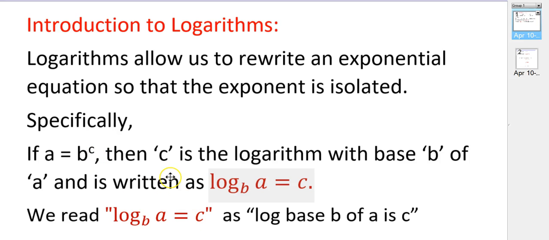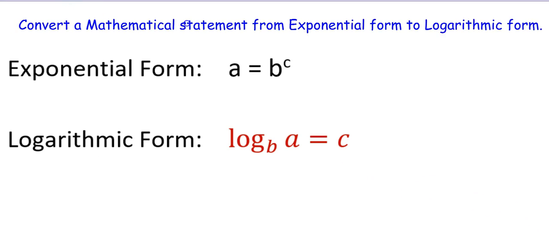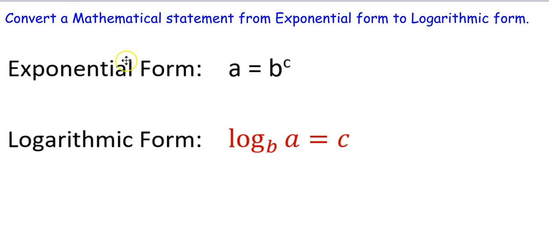Whenever an exponential equation is given to us, we can change it into logarithmic form. When you are asked to convert an equation from exponential form to logarithmic form, a is equal to b to the power of c. In this, b is the base.